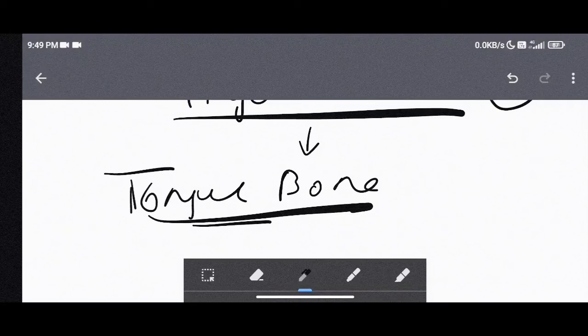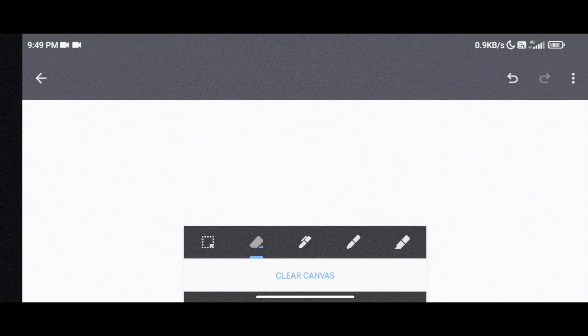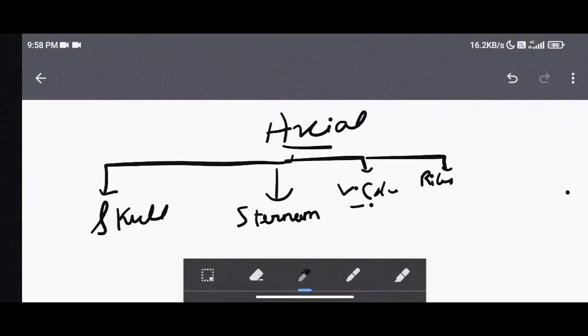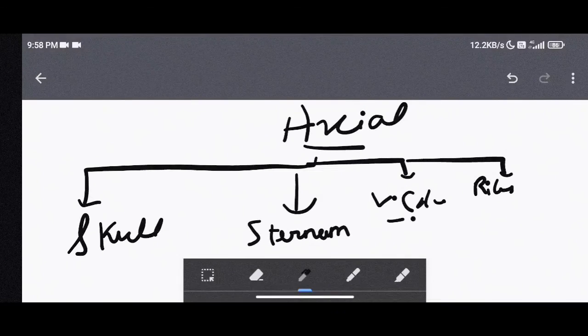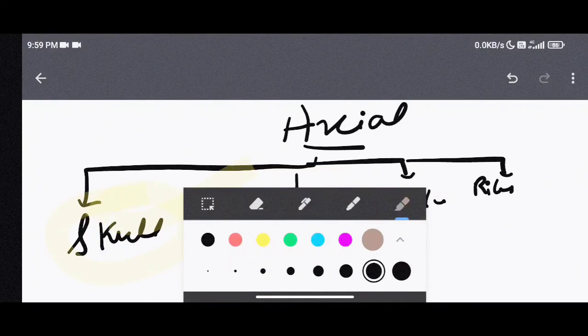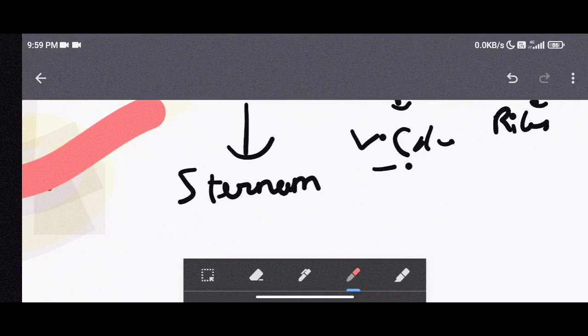It has only one bone and only one type. So we have completed all the parts of the skull. Let me mark this one also.